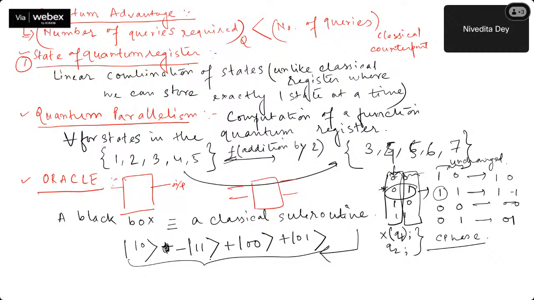If you check, it is for 3. We are able to make the phase inversion with respect to one of the states while it was in superposition. It is currently still in superposition, but it is with respect to this particular state, which is 3. What was my desired state, where I wanted my phase inversion to take place? That was 1, the decimal value of 0, 1 is 1. So how to do that?